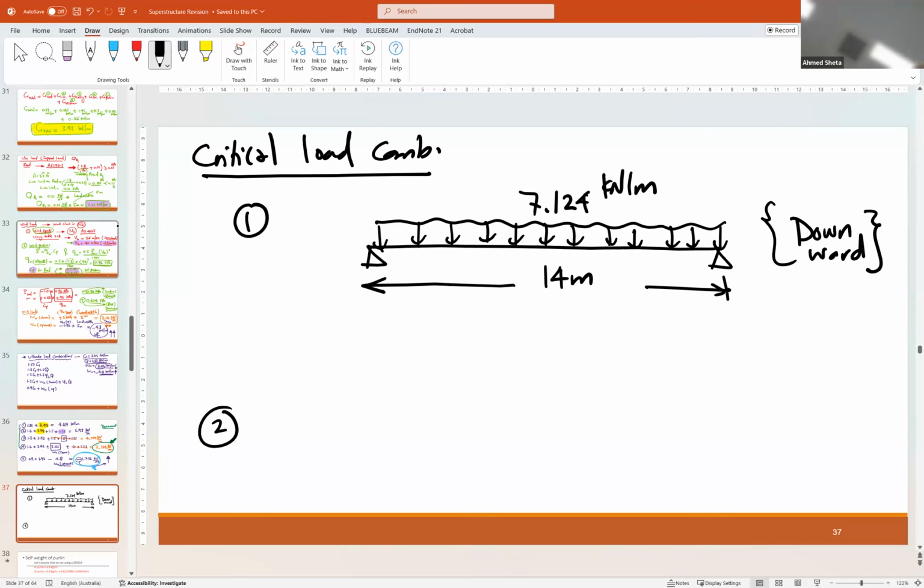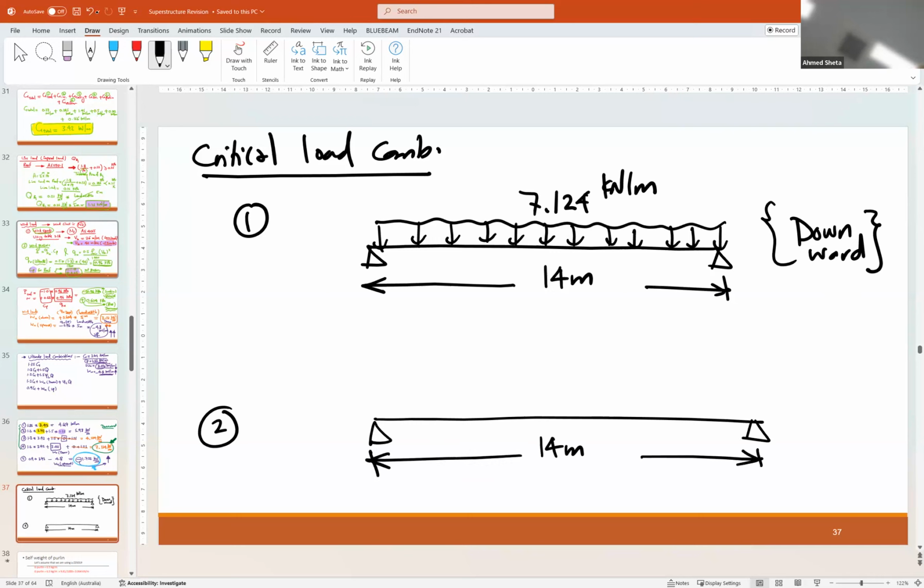Number 2, we have the other case, for the upward case.